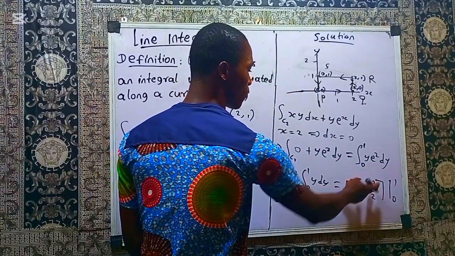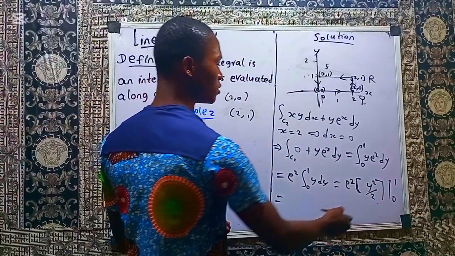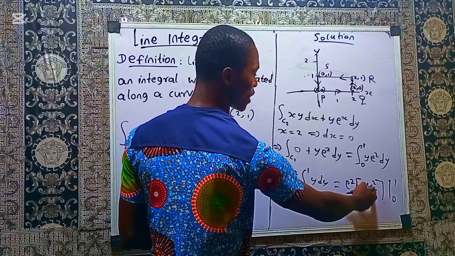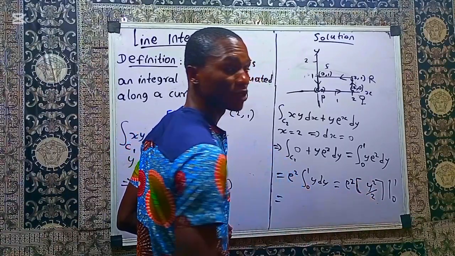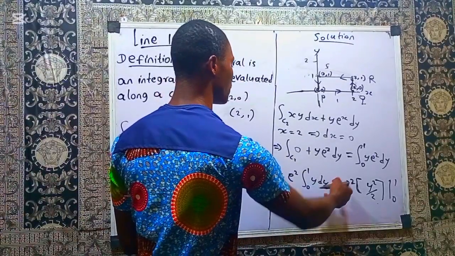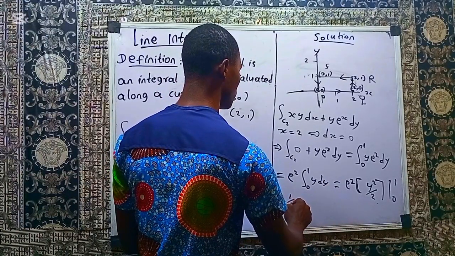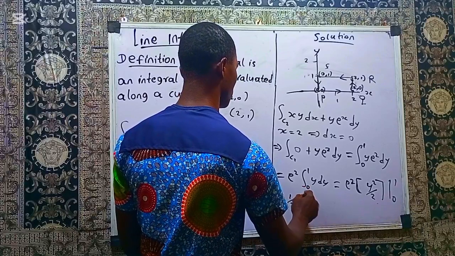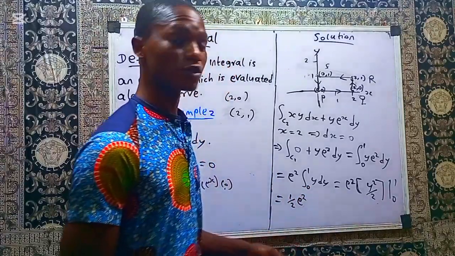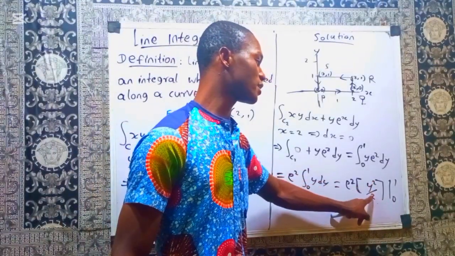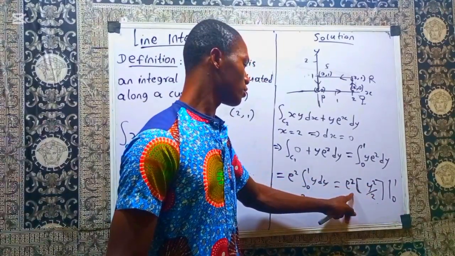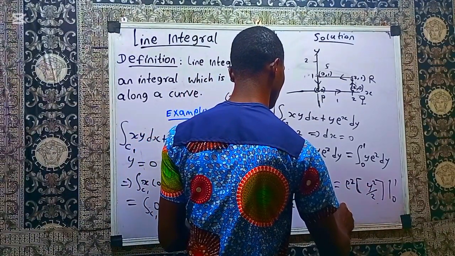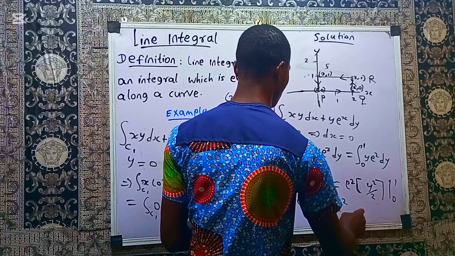So if you put 1 for y here, you are going to have 1 squared is 1. You are going to have 1 over 2 multiplying exponential 2. Have 1 over 2 exponential 2. Then if you put 0 for y here, this will go 0. So just this will be minus 0. So this is just 1 over 2 exponential 2.